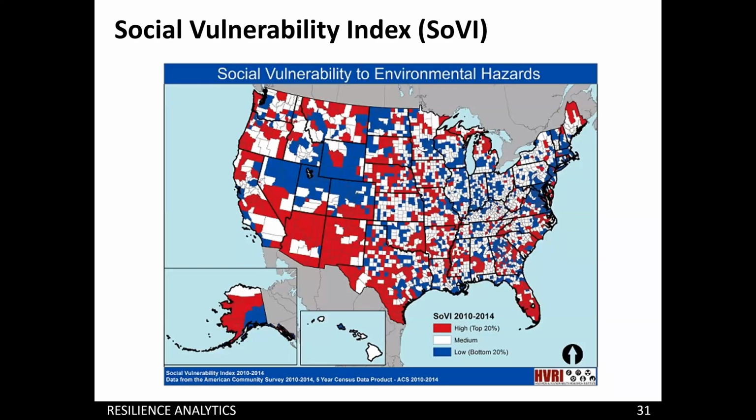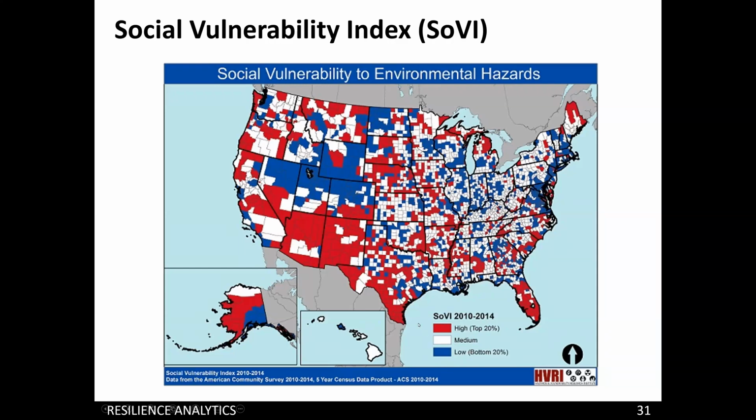And so you get a picture that looks like this. This is from 2014's most recent county level calculation that you can easily find on Cutter's website. And you see certain areas have high social vulnerability, medium and low.